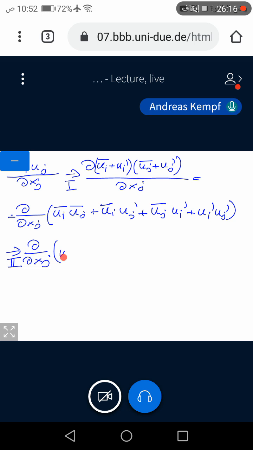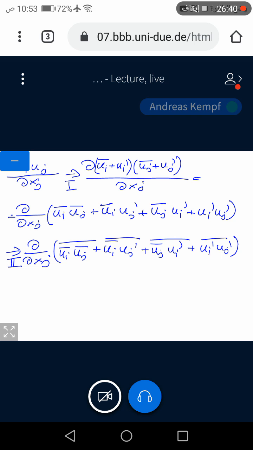So we have ui bar uj bar bar plus ui bar uj prime bar plus uj bar ui prime bar plus ui prime uj prime bar.